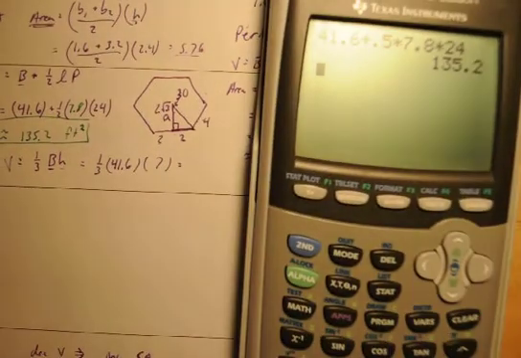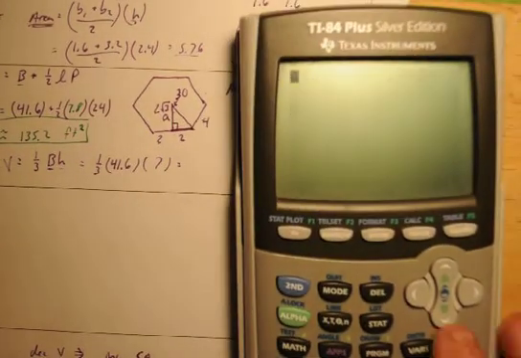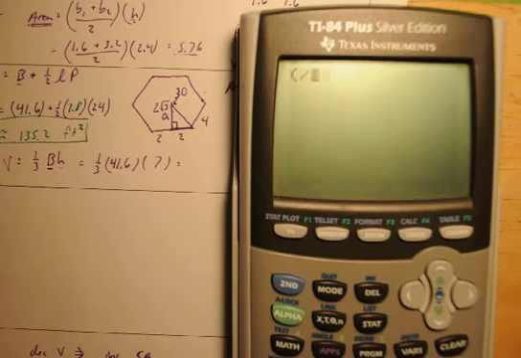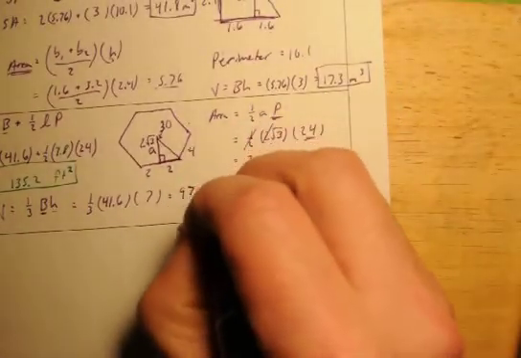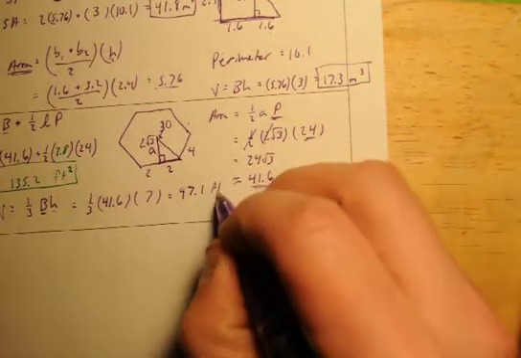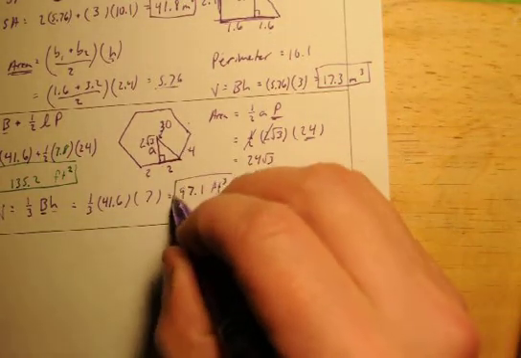And so we can just plug that all into our calculator and figure this out. So 1/3 times 41.6 times 7. About 97.1. 97.1 feet cubed, of course.